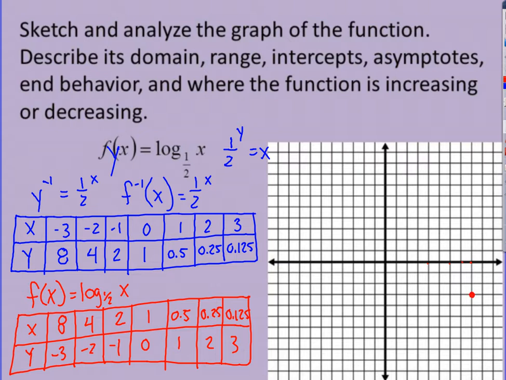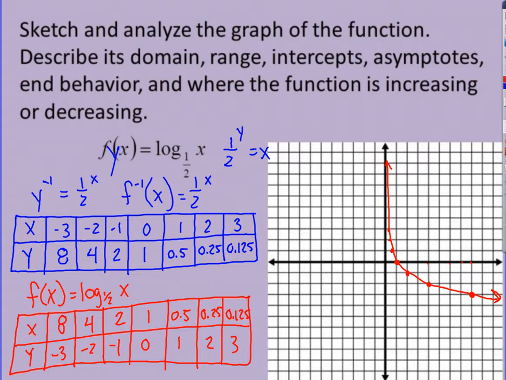If we have an x value of 4, we have a y value of negative 2. X is 2, y is negative 1, x is 1, y is 0. Again, it's getting closer and closer to that y-axis, but it never actually touches it.